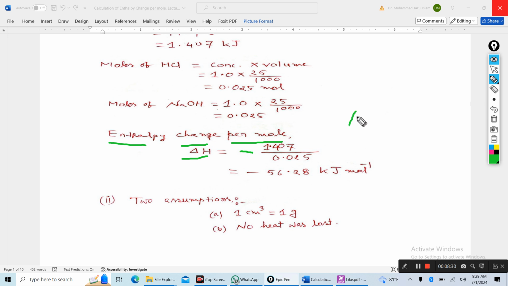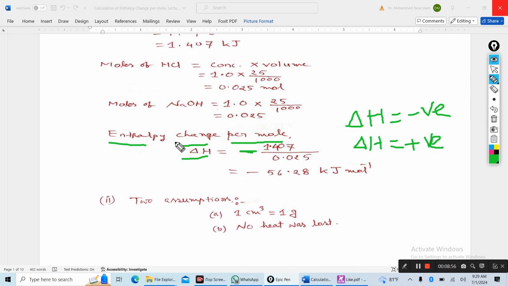And you know for exothermic reaction delta H value is negative, and for endothermic reaction delta H value will be positive. So this delta H value will be negative as temperature increases.